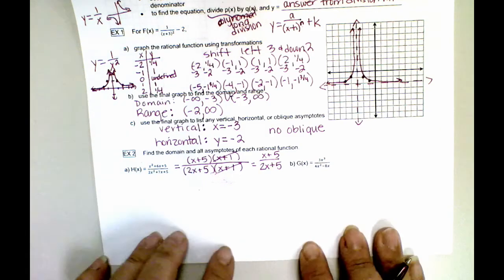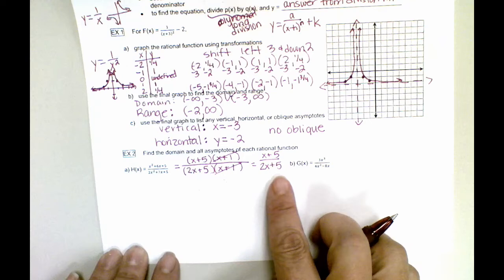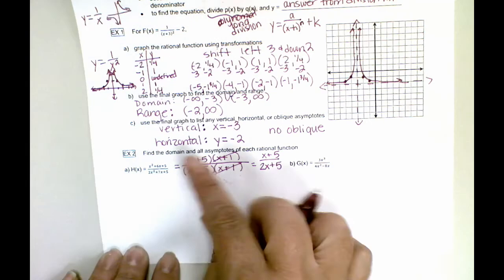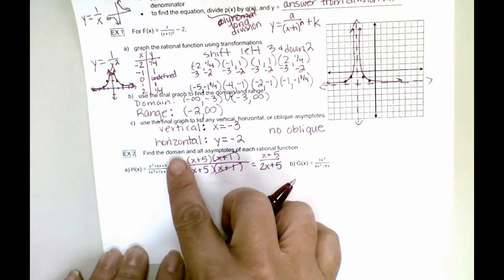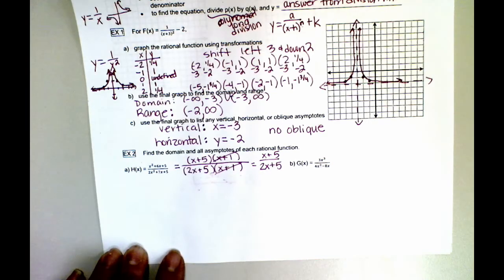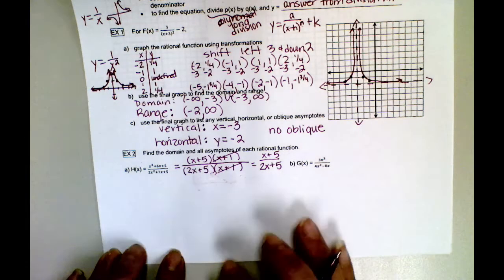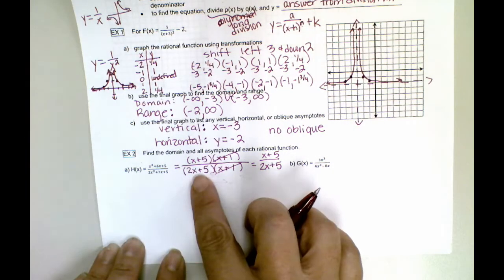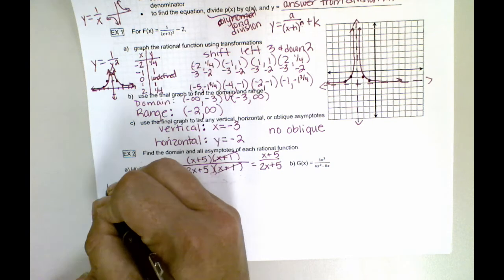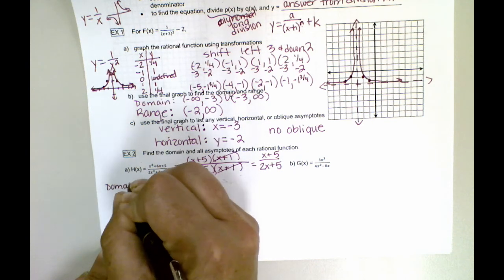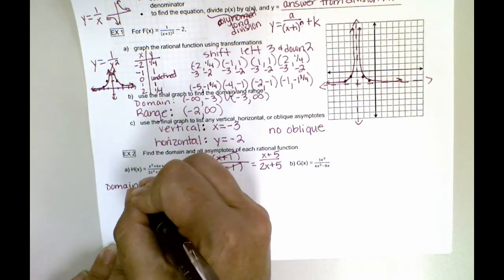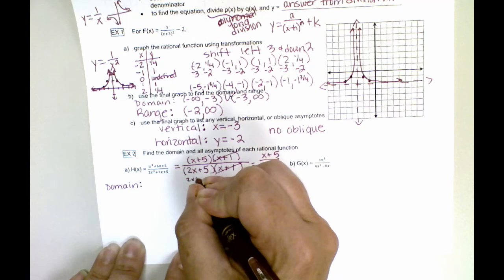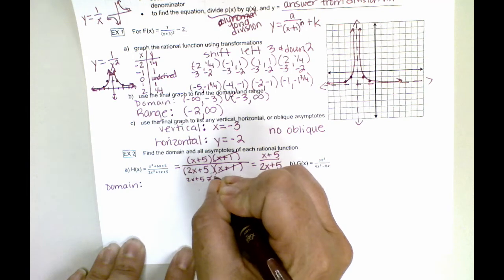So now that I've done that, that's going to help me find all of the information that I need. So domain is going to be anything except where the denominator equals 0. So I know that for my domain, 2x plus 5 cannot equal 0.